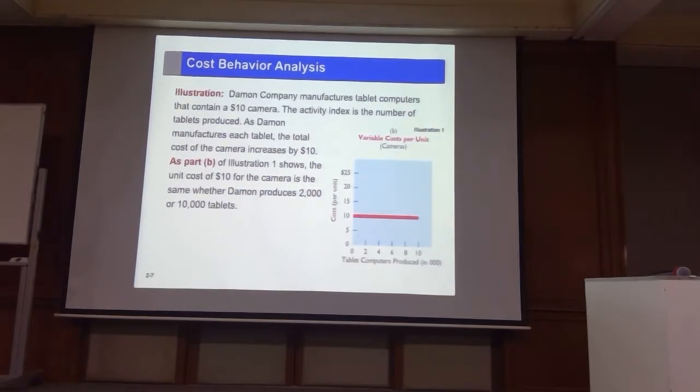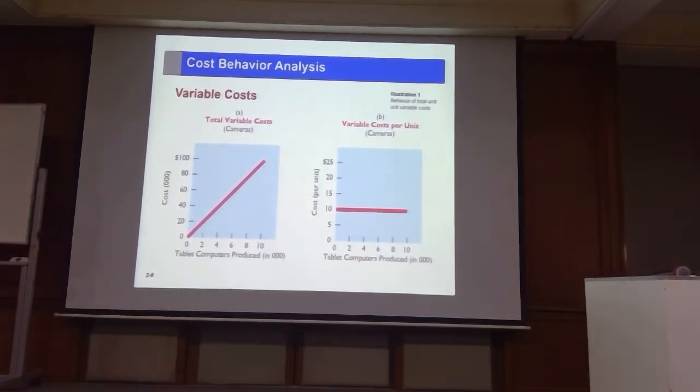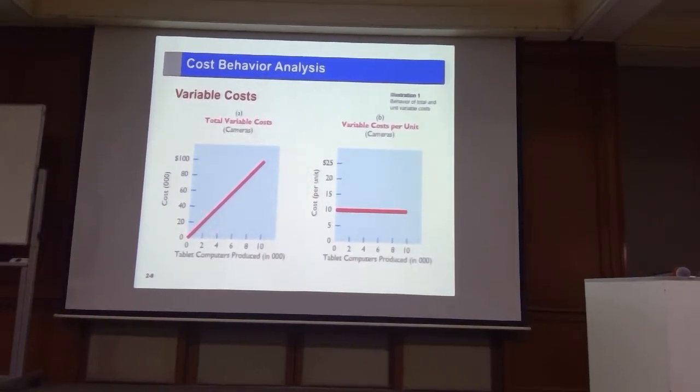As you can see, the cost per unit remains the same at 10 per tablet that you produce. So this is the behavior of variable cost. And this is the summary. If we look at the total, starting from 0, the line tends to go up, and the slope equals 10 baht per camera. And for the variable cost per unit, the cost remains the same at 10 per unit that you produce.